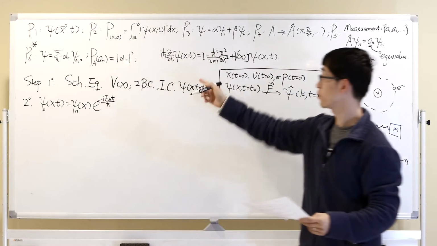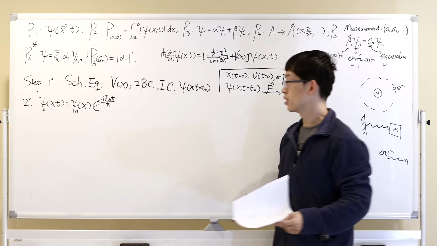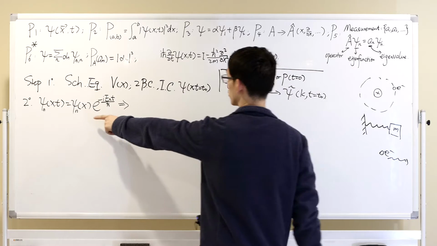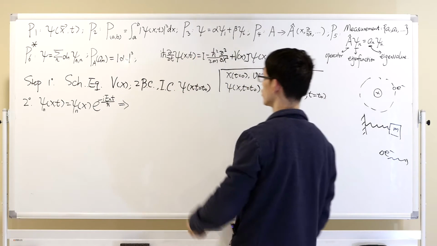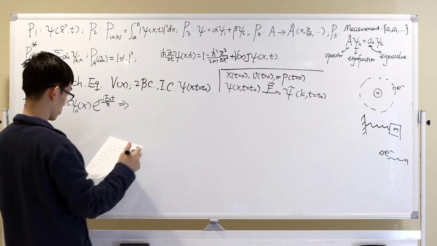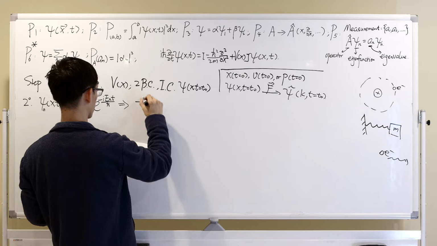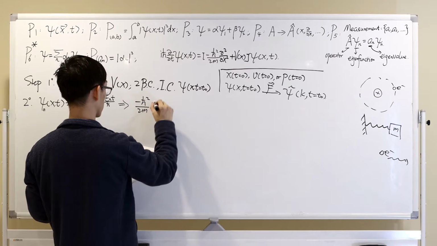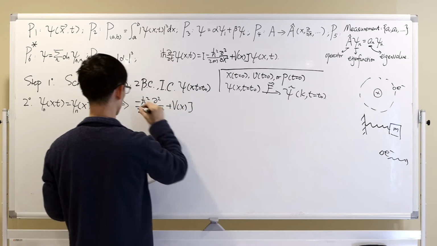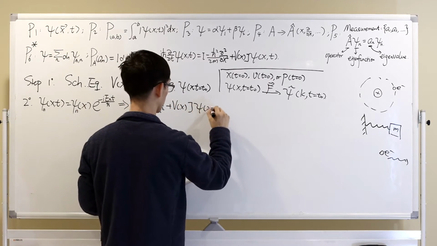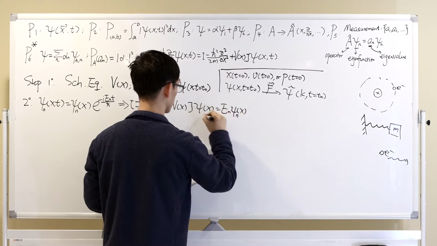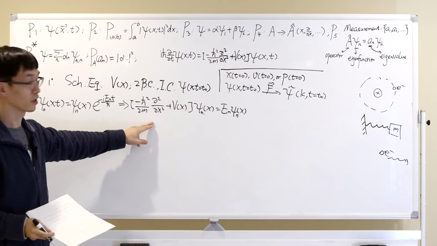You can plug it back in, and you will see that the Schrodinger equation will reduce, with the time-dependent term completely cancelled, to this form.